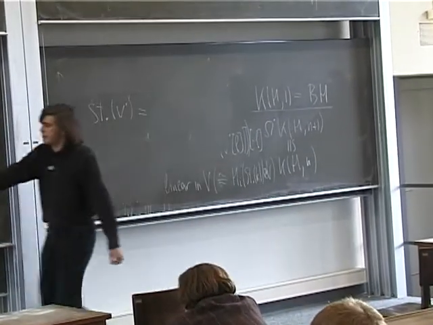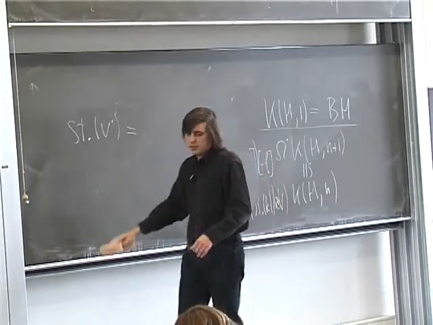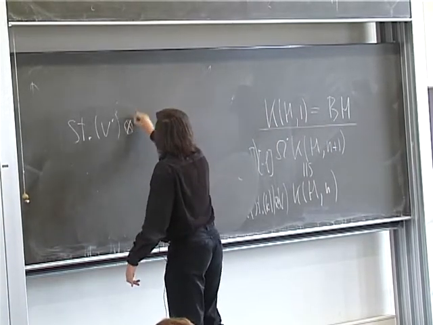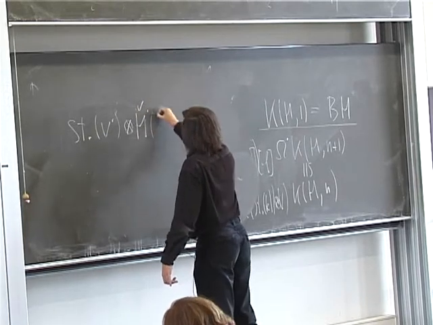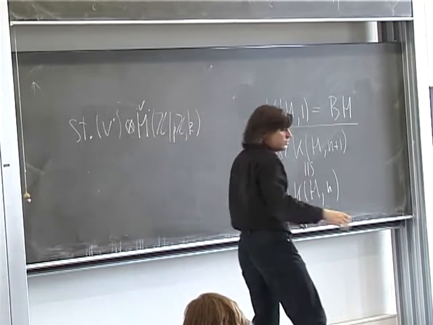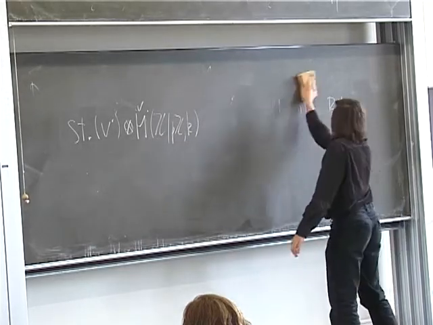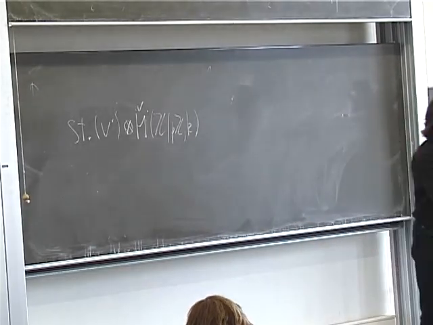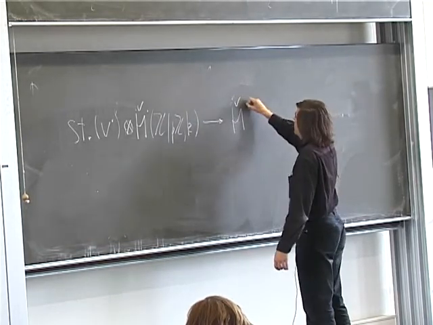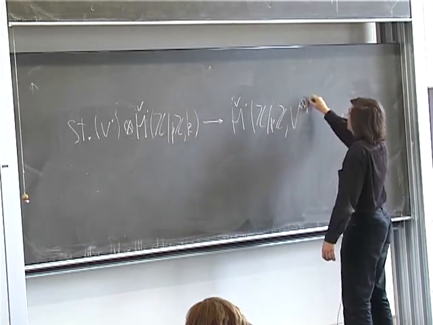I'm basically just going to rewrite this thing, but let me do it in the middle of the blackboard. So we have a map from this times the homology of Z mod P Z with coefficients in K, to Tate homology of Z mod P Z with coefficients in the tensor power.